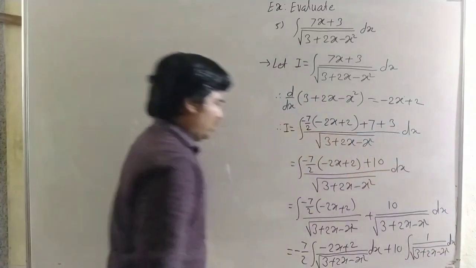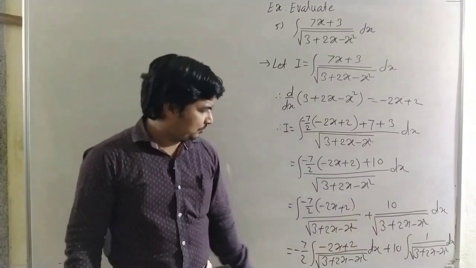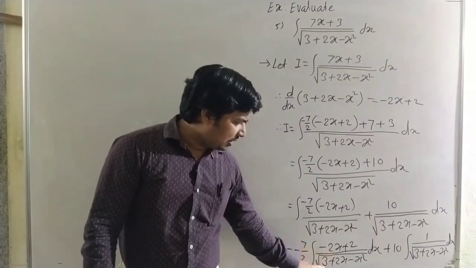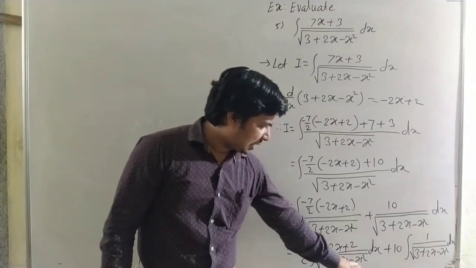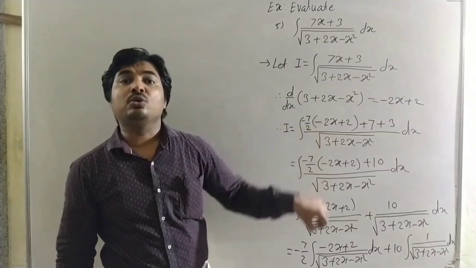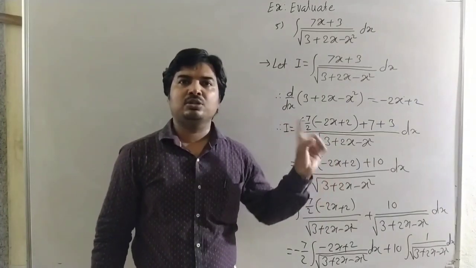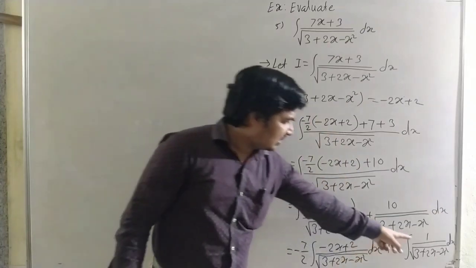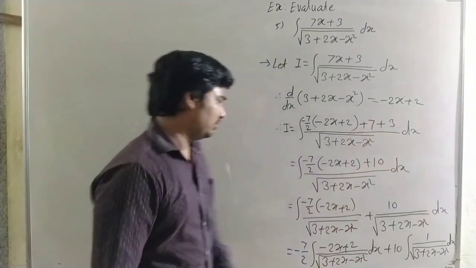Now we get the two integrals. See carefully, in the first integral it is f dash of x upon under root f of x. Here under root f of x, the derivative of 3 plus 2x minus x square is minus 2x plus 2. That means it is f dash of x upon under root f of x. And we know the integral of f dash of x upon under root f of x is 2 under root f of x, and the other is 1 upon under root quadratic function. By completing the square, we can solve this integral.